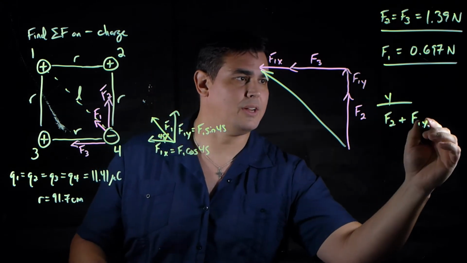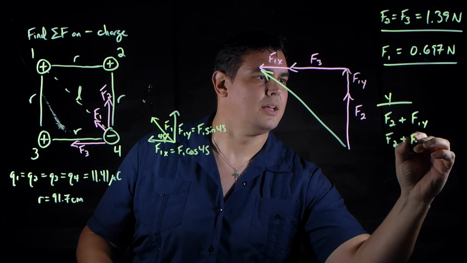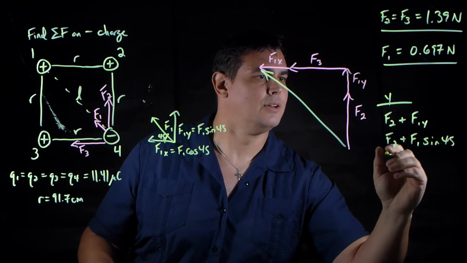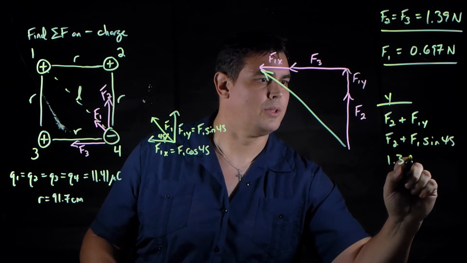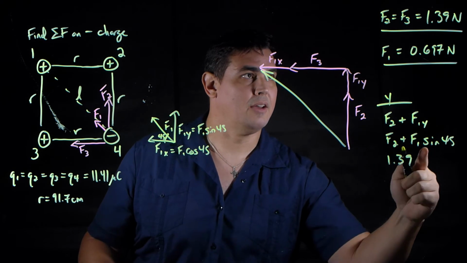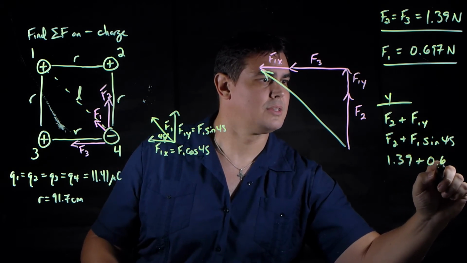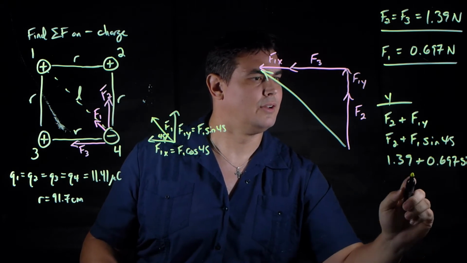So I'm going to bring that over here. That's F2 plus F1 sine 45. And so when you do that, F2 is 1.39, and F1 is 0.697, so plus 0.697 sine 45.